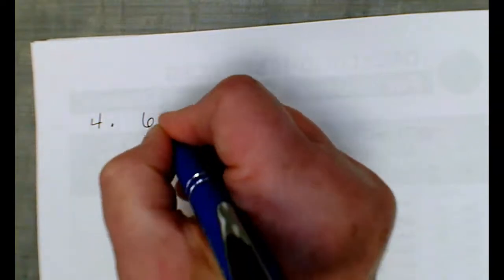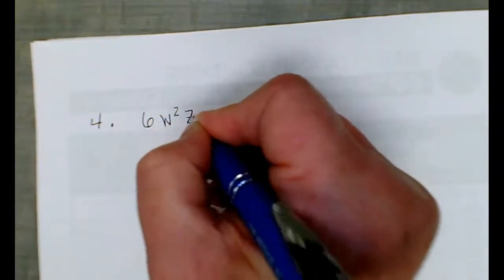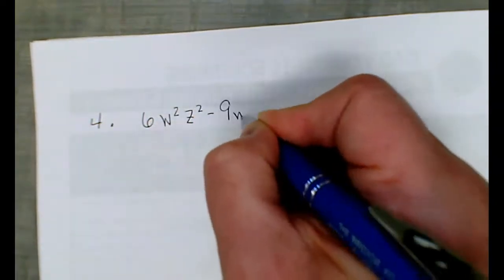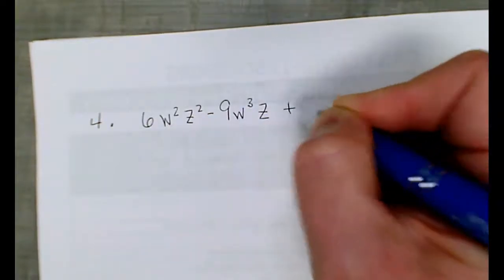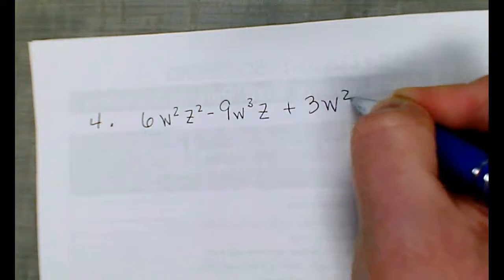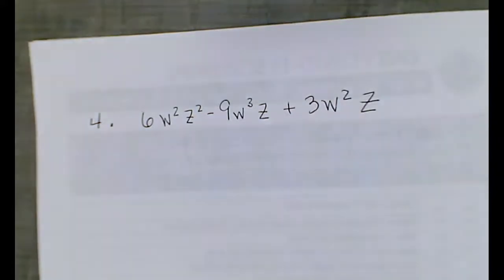Next example. We're on 4, right? 6w squared z squared minus 9w to the third power z plus 3w squared z.